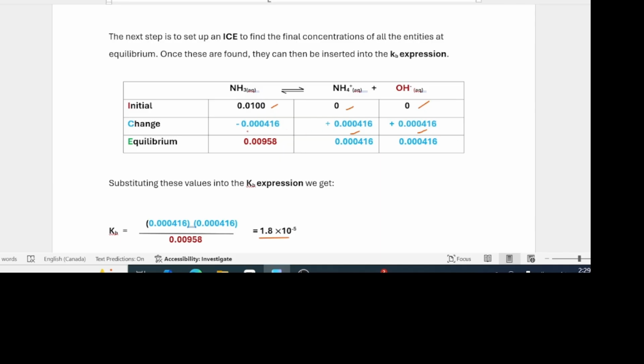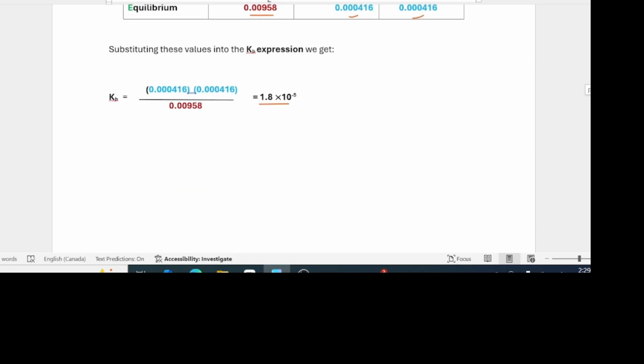That's why now we are removing that from its initial concentration, and it leaves us with that. So these here will be the final concentrations of all the entities: that for hydroxide ions, that for ammonium ions, and that for ammonia molecules. Put all of that into the Kb expression.